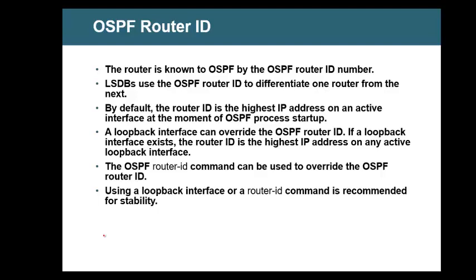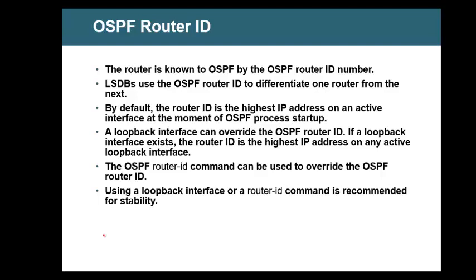Sir, if you run two OSPF processes in the same router, then there will be two router IDs, right? Very nice question. Joseph is eligible to be a CCIE. This question is a very nice, valid question. This thinking is good.